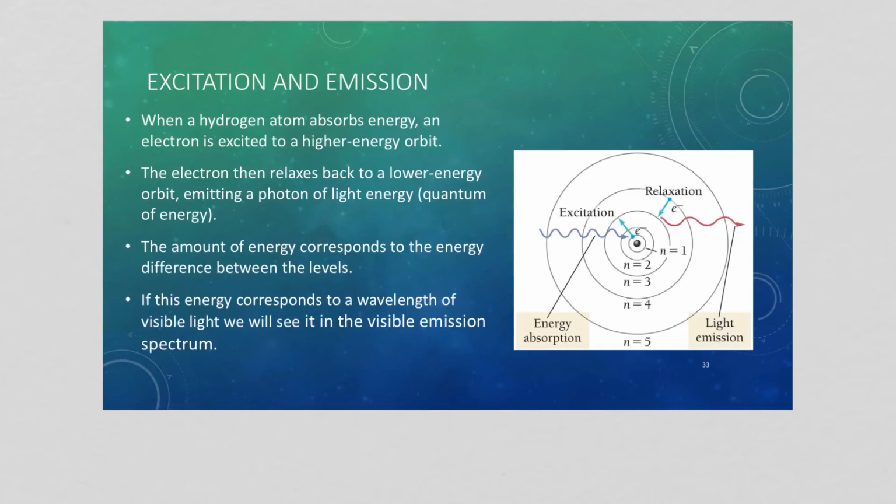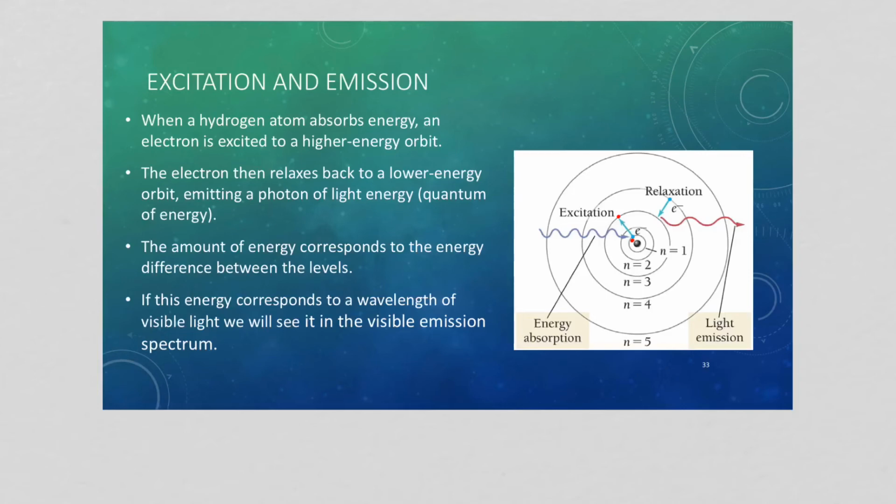So an electron will, for example, jump from level 1 up to, say, level 3. Okay? So the electron's going to absorb some energy, it's going to get excited. Now, that excited state is very short-lived, right? So at some point, these electrons will relax back down.